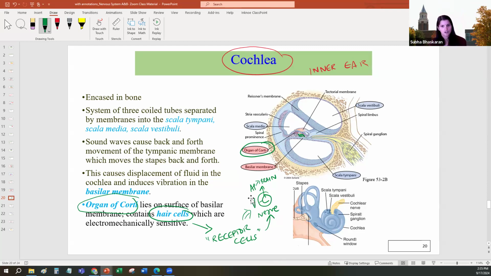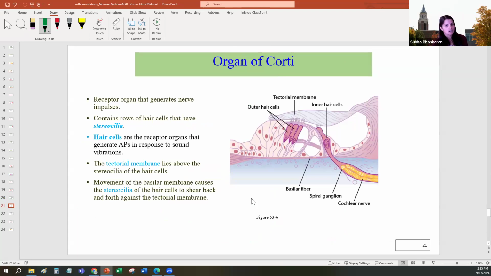Okay. Moving forward, I'm just going to point out that hair cells can have another name, called stereocilia. So hair cells, this is an important one, what I just told you. Hair cells are the receptor organs that generate APs. What does AP mean? Action potential in response to sound vibration. That's all you need to know for the hearing.